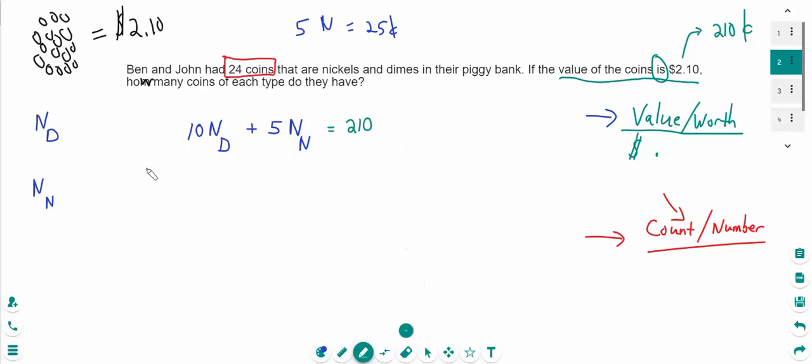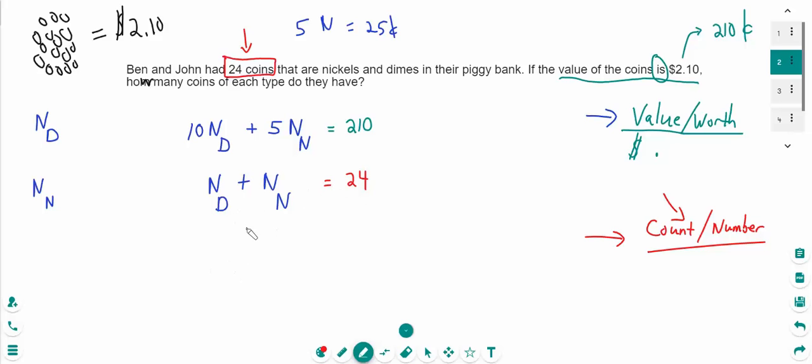Well, we can say that the number of dimes, whatever that is, plus the number of nickels, whatever that is, has to be equal to what? What would that have to be equal to? That would have to be equal to 24, right? The number of dimes plus the number of nickels. They told us there are 24 coins altogether. So the two of them combined should give us 24.